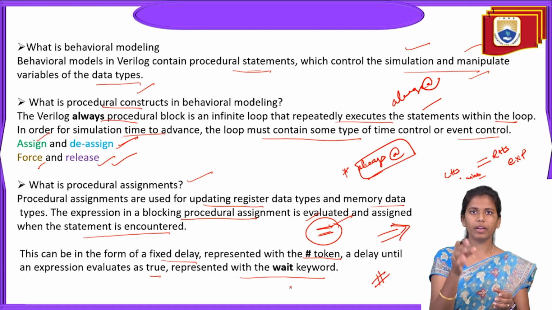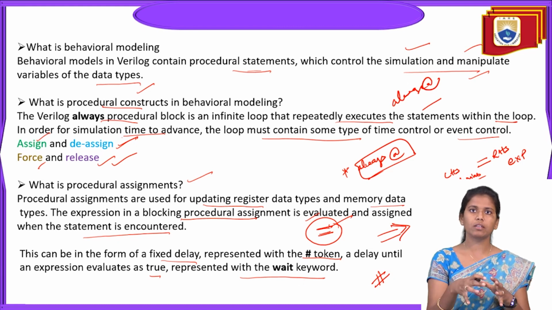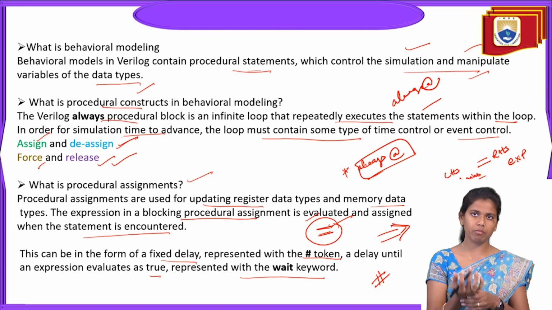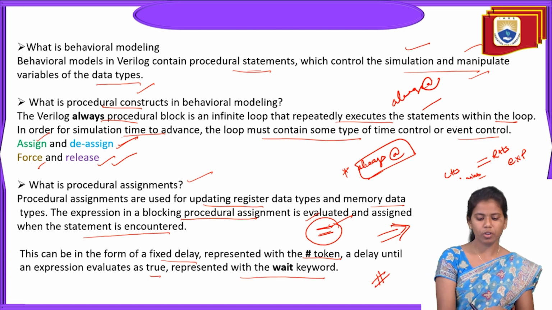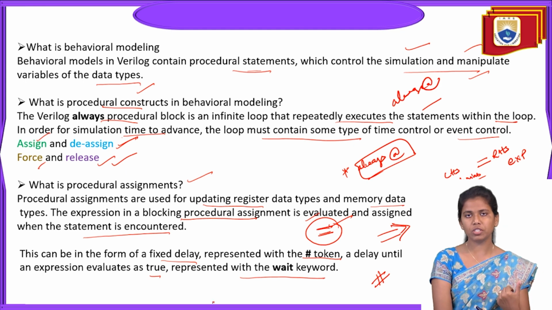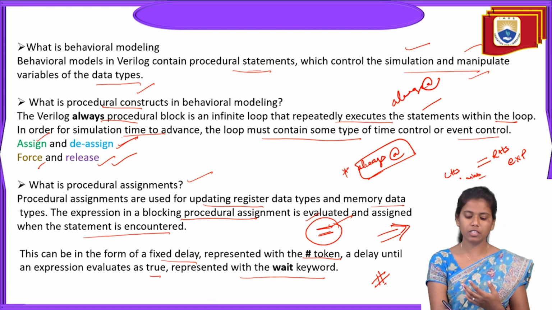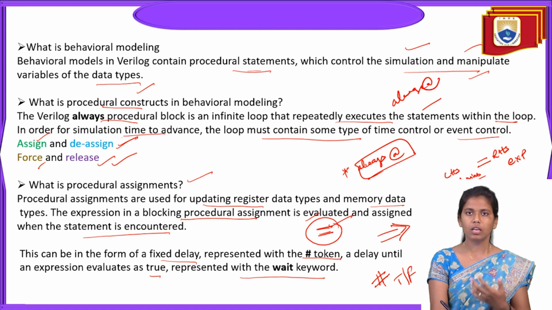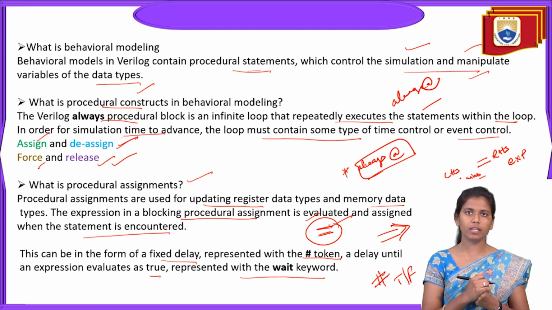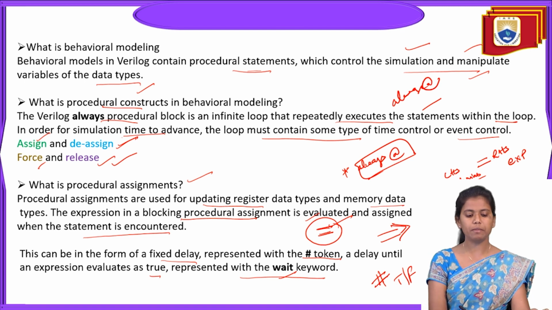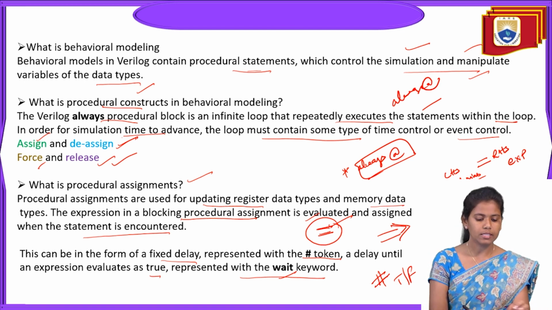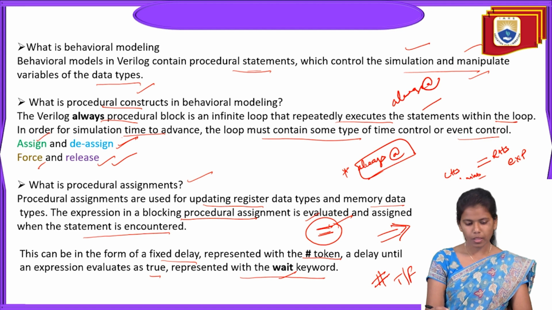So in that waiting procedure, wait is the keyword we have to use. After the evaluation, if you want to know whether the condition is true or false, we must wait, so we use a keyword called wait. All these things you will observe in procedural assignment statements.